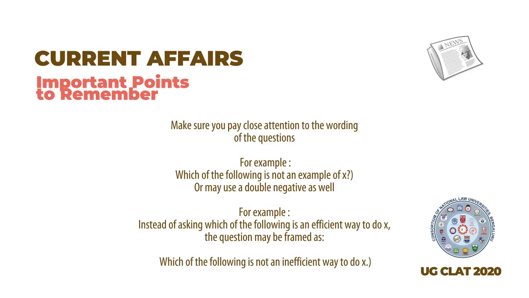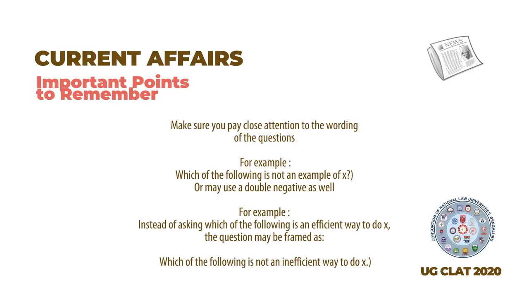As with all the other sections of the UG CLAT 2020, make sure you pay close attention to the wording of the questions. The question setters may be examining your ability to read and follow text closely, and so may frame questions in a negative manner.